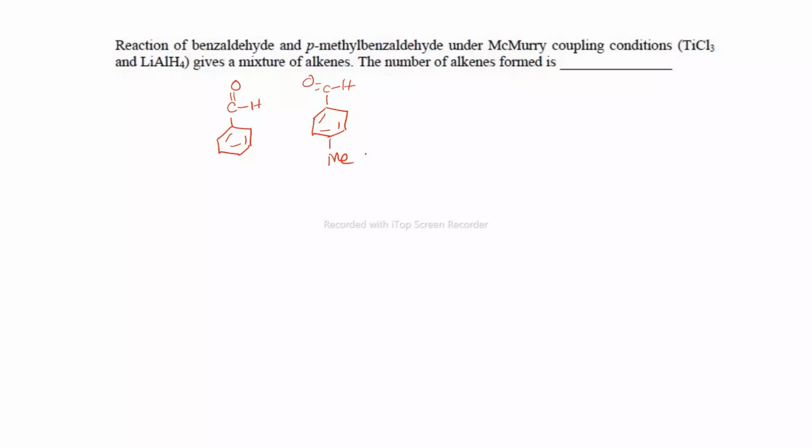So what will happen? Let's say this is A, this is B. How many different types of coupling are possible? A can couple with A, B can couple with B, and A can couple with B also. So these three types of combination are possible.